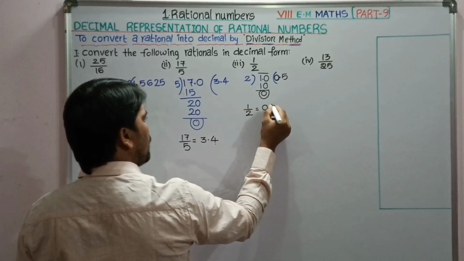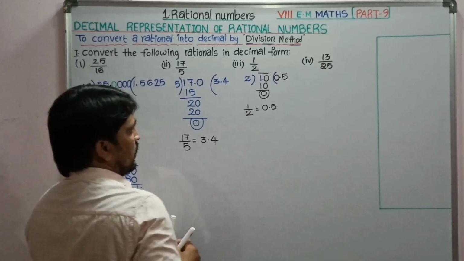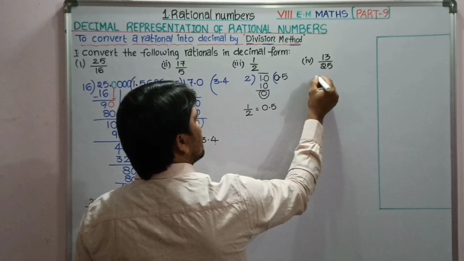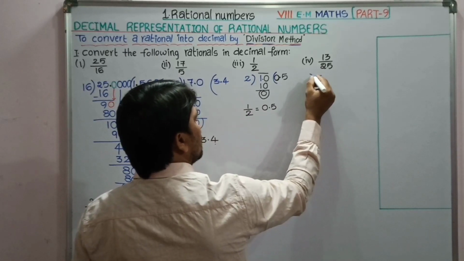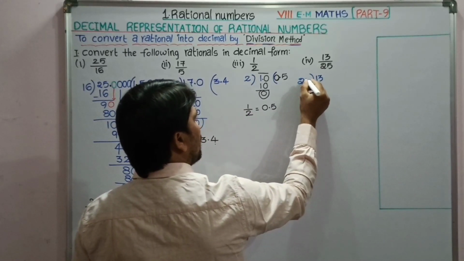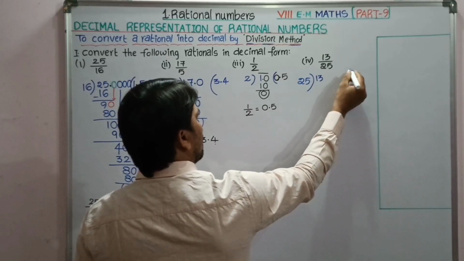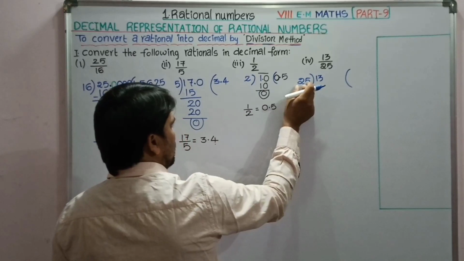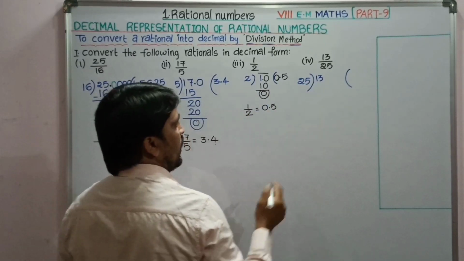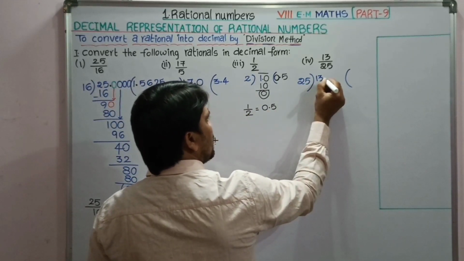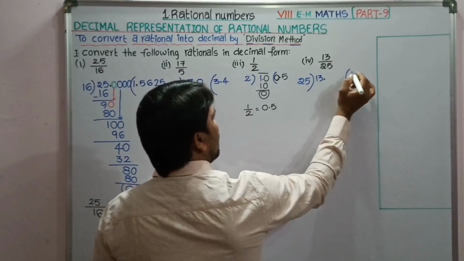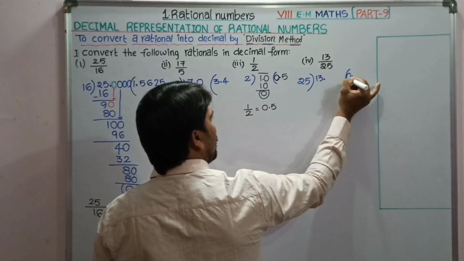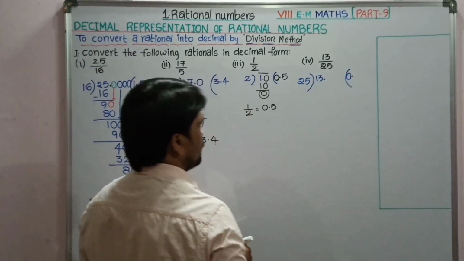The decimal form of the rational number 1 by 2 is 0.5. And the last one, 13 by 25. The numerator 13 is divided by the denominator 25, but the dividend is less than the divisor, so division is not possible yet. Hence we put a decimal point to the right of the dividend and at the end of the quotient, with the whole part filled with 0.